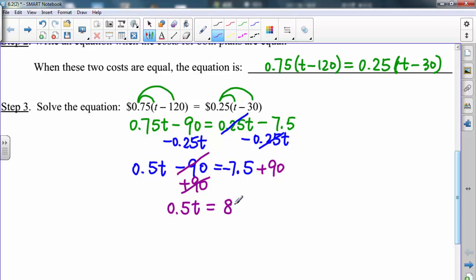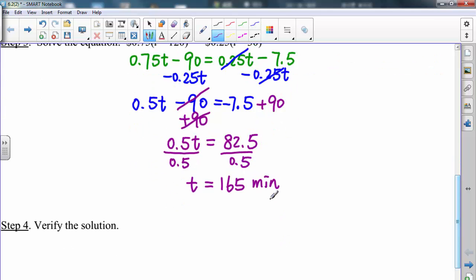This one is 82.5. Then we divide both sides by 0.5. So we will get t equals 165 minutes. Don't forget to put on the unit as well.